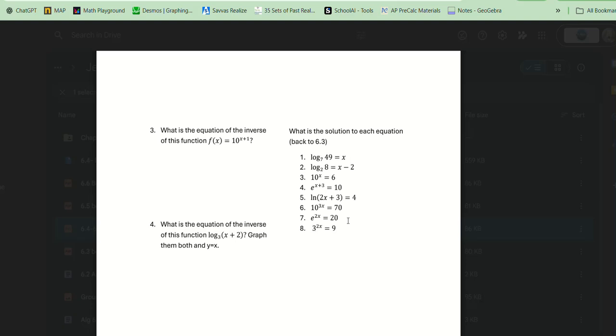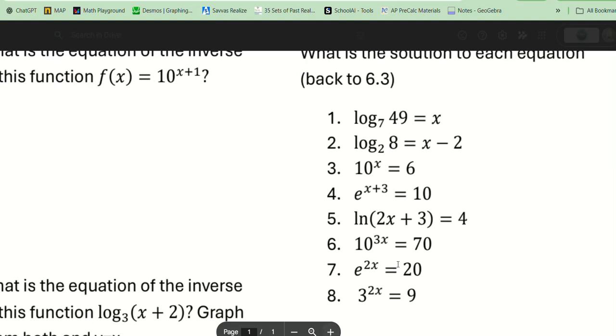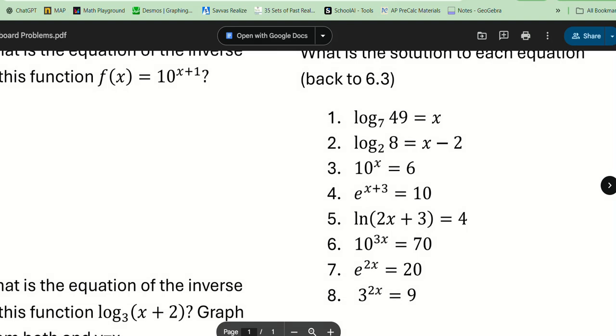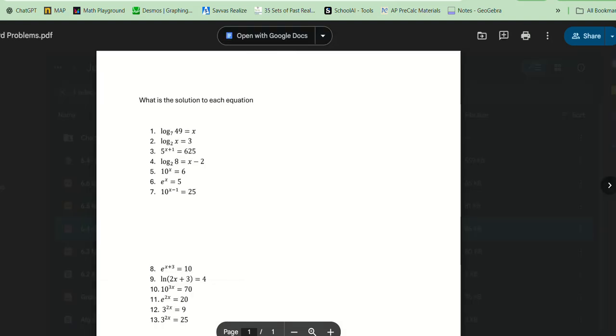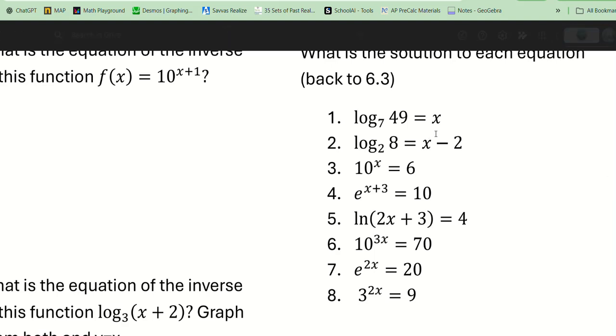You should know how to solve all of these right now. Okay, perfect. Then we're getting into some groups. And this is what we did in 6.3. We're going to get into groups and do this on the board.